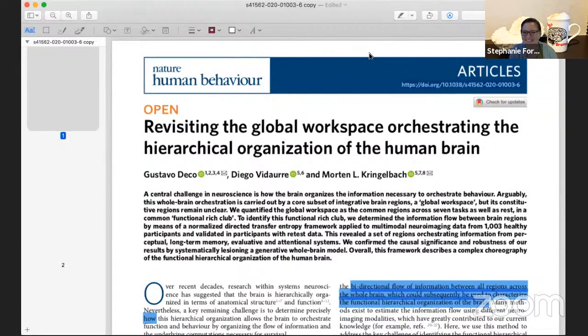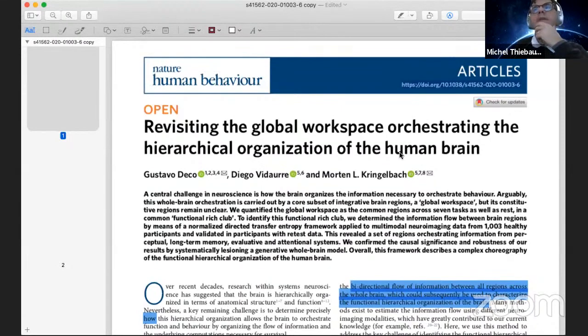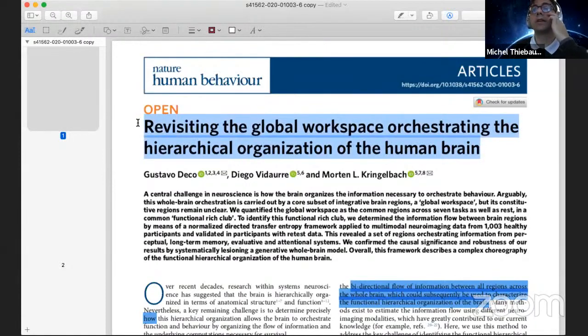Good. All right. So this paper really caught my attention because I've been really interested in the workspace. Actually, I had a grant about that. And the multi-domain network, which are places in the brain that can get activated whatever you're doing.